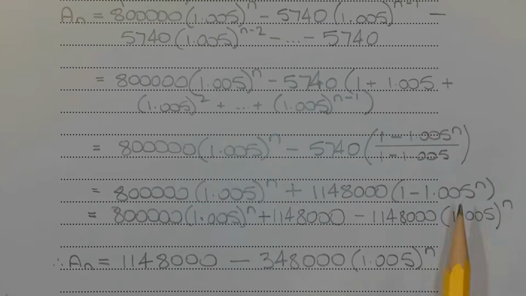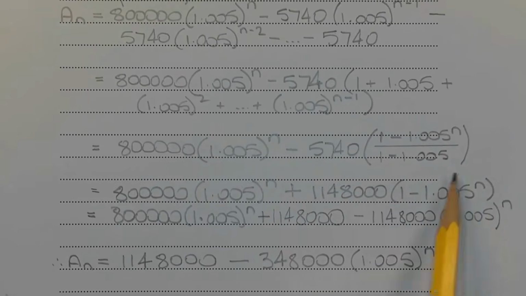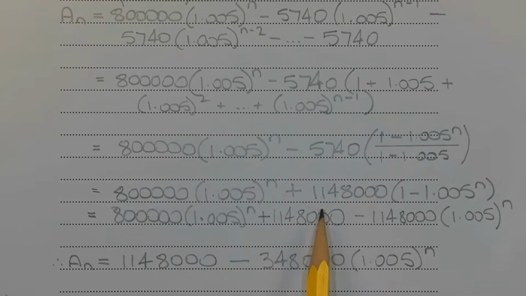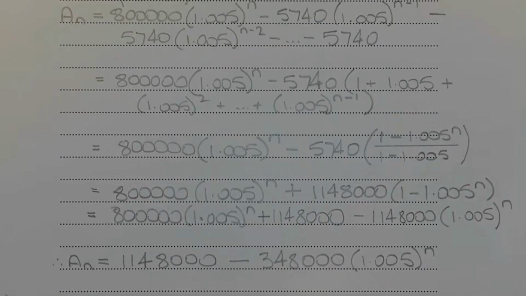Now we can expand the bracket here by multiplying through by 1,148,000, and we get AN is equal to 800,000 times 1.005 to the power of n plus 1,148,000 minus 1,148,000 times 1.005 to the power of n.